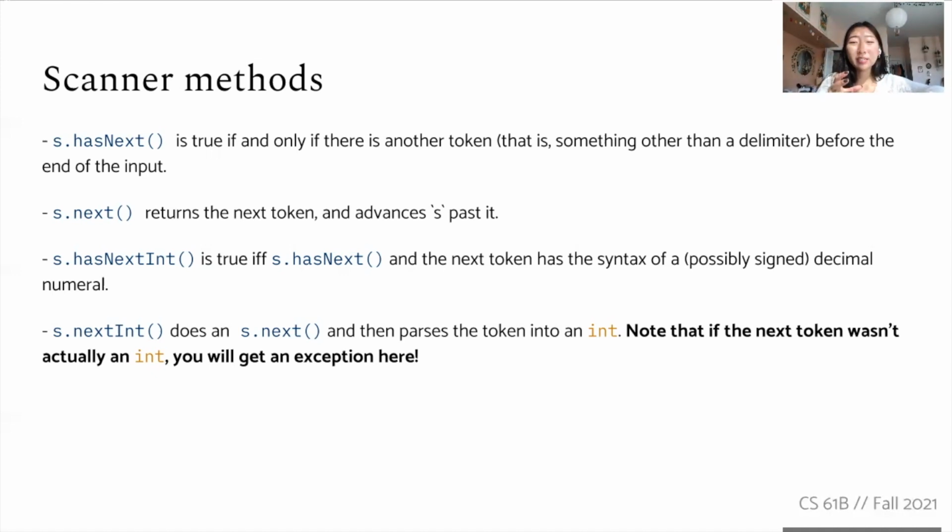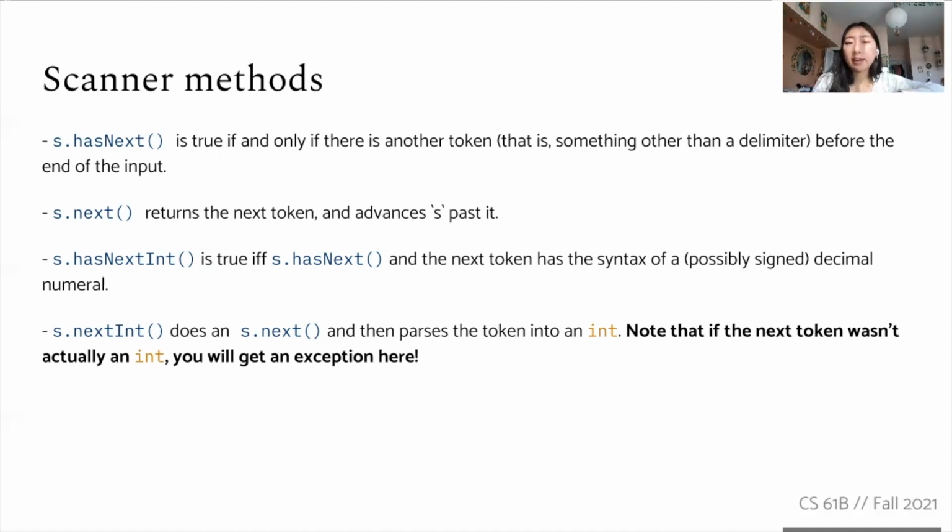Once we get to horse, even though 3 and 4 come after the horse, it's going to return false because the immediate next token is not an int. So hasNextInt is not saying there's some int way down the line. It's saying the very next token is an int, the next thing you'll return is an int.